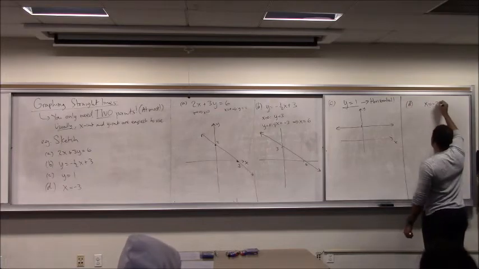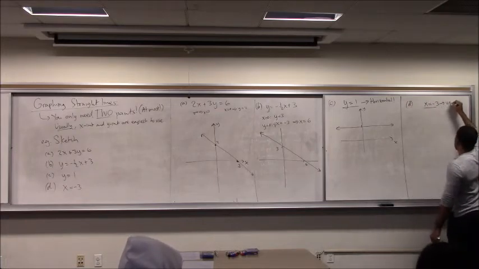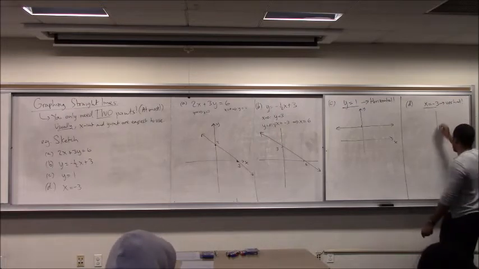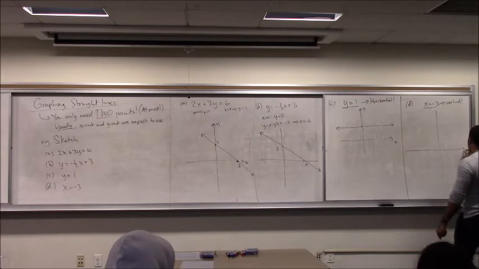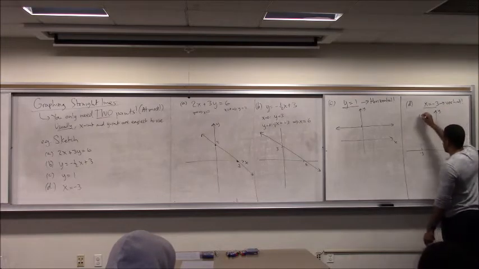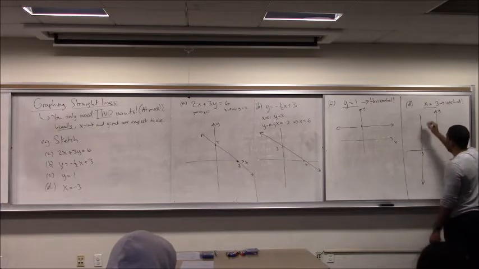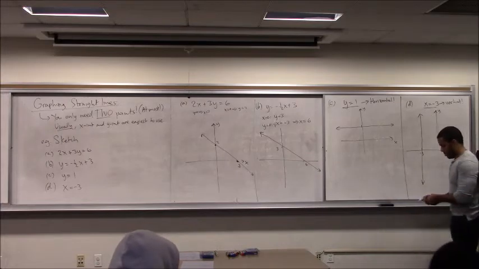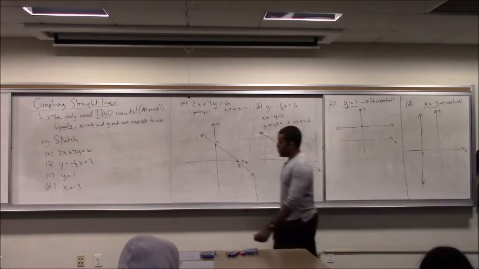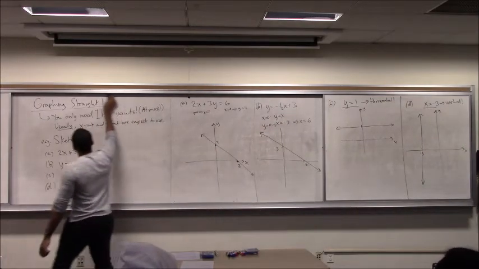D. x equals -3. That you should know is vertical. So you don't even need any points. You don't need 2 points, you only need 1. So just find where x is -3 and draw a vertical line through that. And that's it, you sketch the lines.